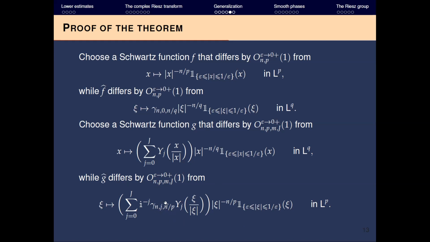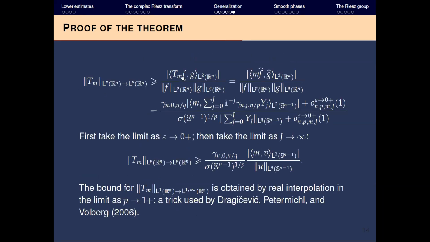So those weights and signs have to appear because, as we said, they will appear in the limit when epsilon goes to 0. And now plug those functions f and g inside, and you are done, right? Plug them inside, use Plancherel's theorem.